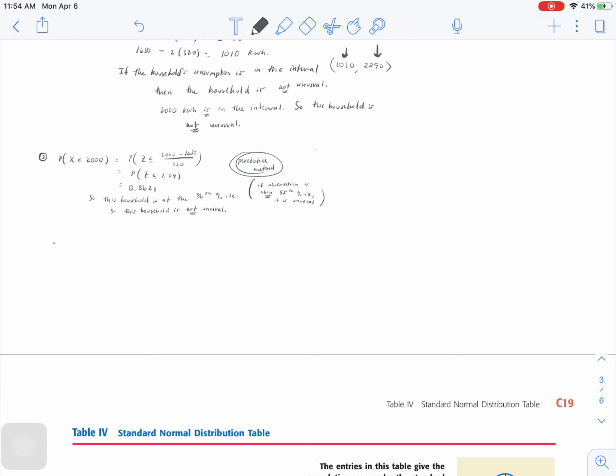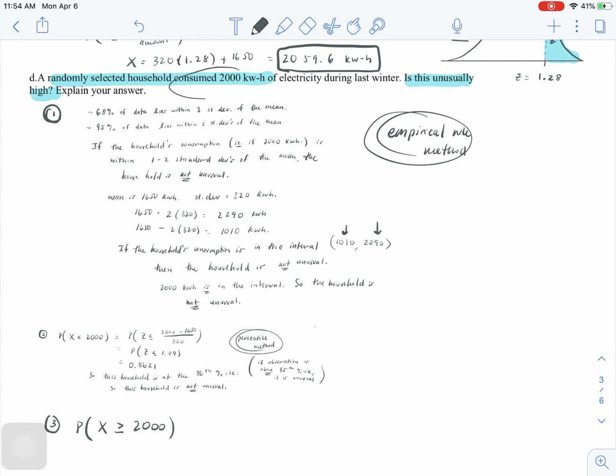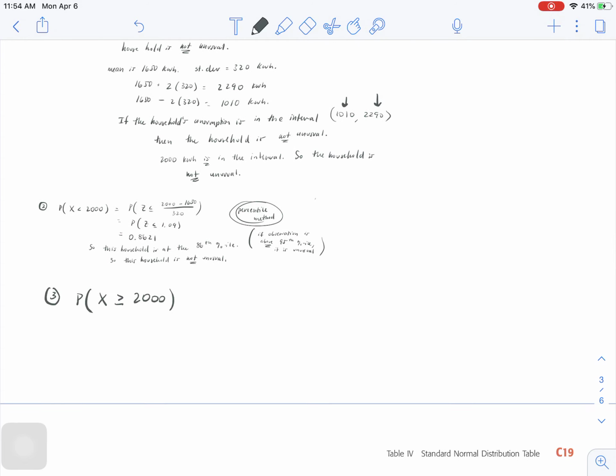Our third method is to see the probability of observing a household that consumes as much or more energy. What's the probability of seeing an observation as or more extreme than this household? Kind of like the p-value. The probability that x is greater than or equal to 2,000.